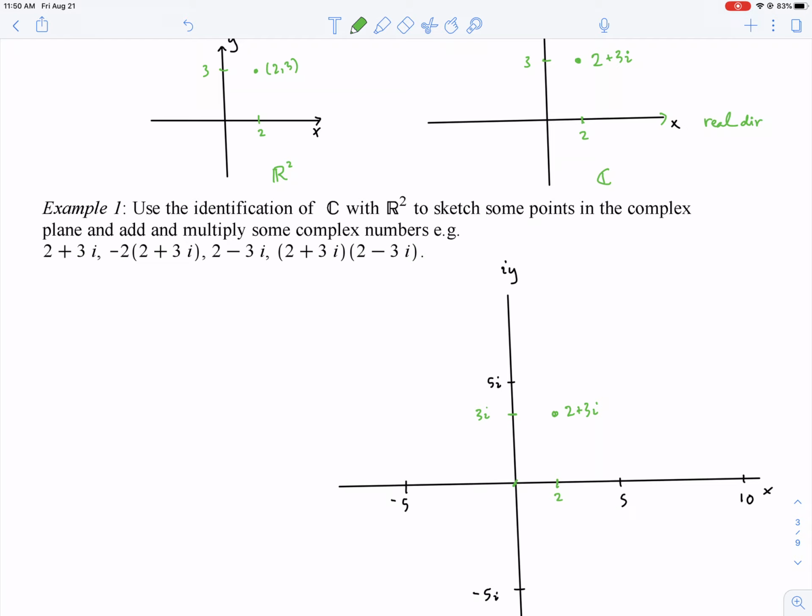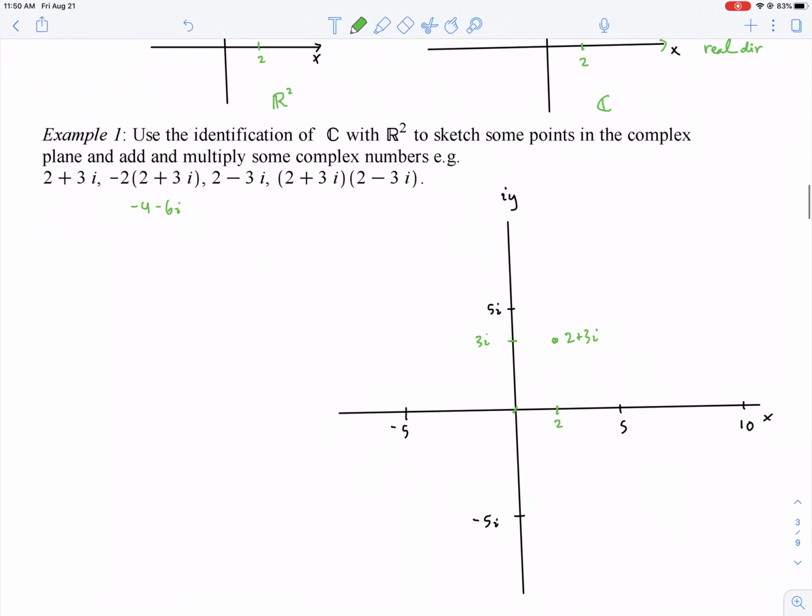The real part and the imaginary part will each be multiplied by -2. And so the displacement vector from the origin will be -2 times the displacement vector for 2 plus 3i from the origin. So I end up at -4 minus 6i.